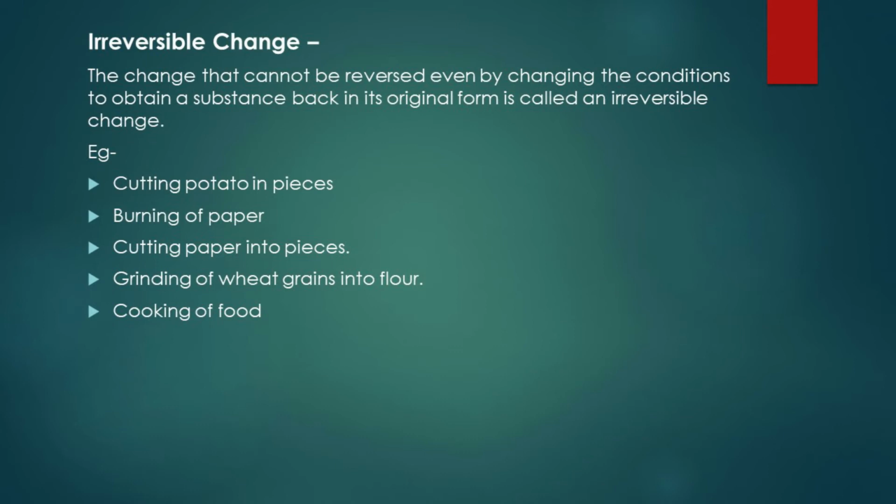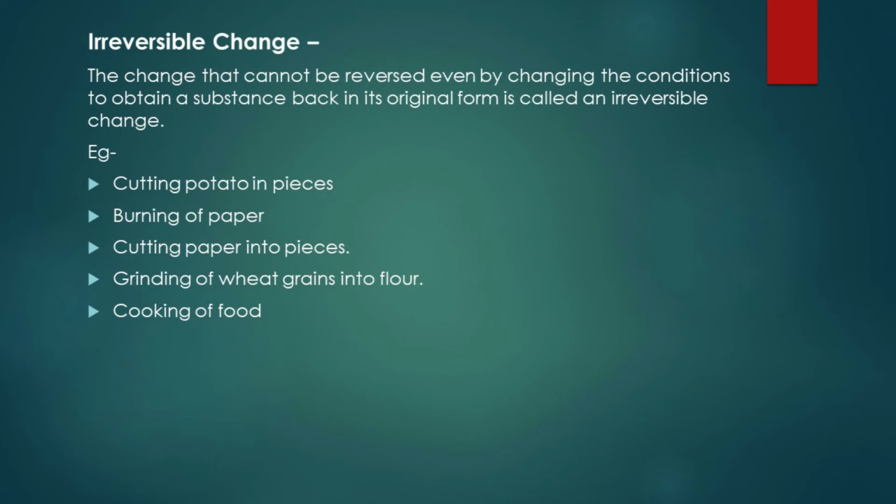No. Cutting of paper में आपका पेपर वापस से नहीं बन सकता है, so it is an irreversible change. Like that, cutting a potato in pieces, we do not get back the whole potato, so this is an irreversible change. Like that, burning of paper, then grinding of wheat grains into flour, all these are irreversible changes.